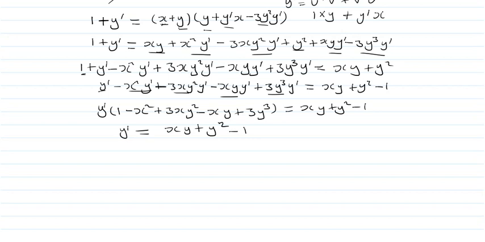Then everything over, we have 1 minus x squared plus 3x y squared minus x y plus 3y power 3 here. So having found this, we can say this is our first derivative of the equation.